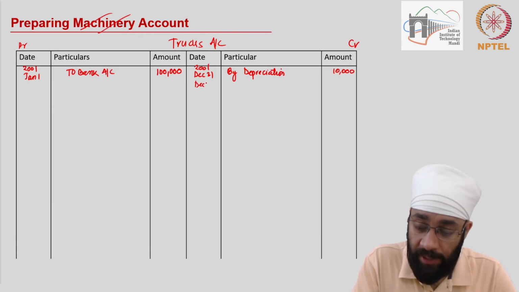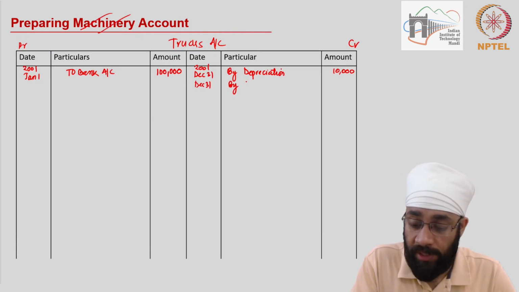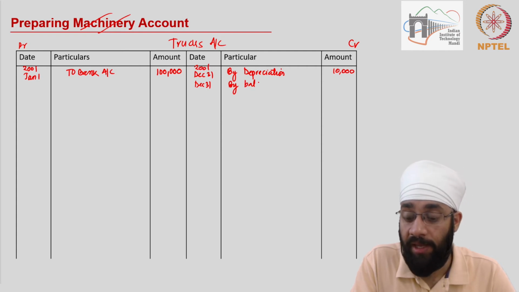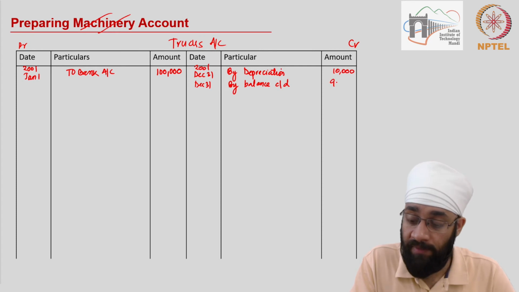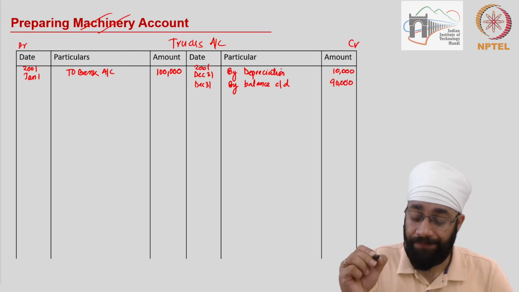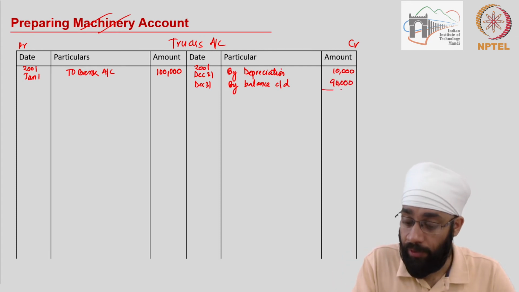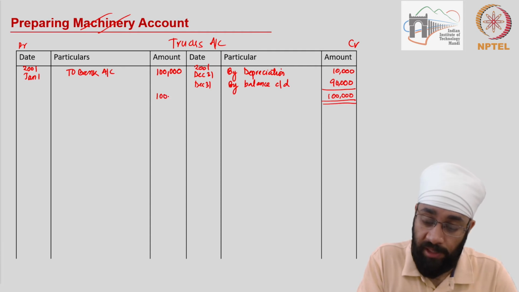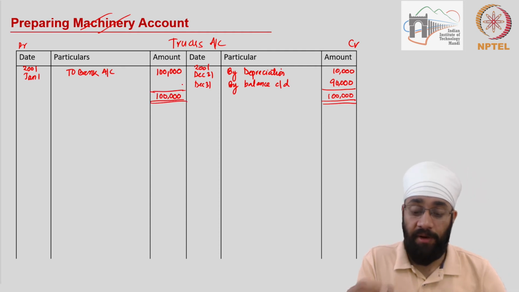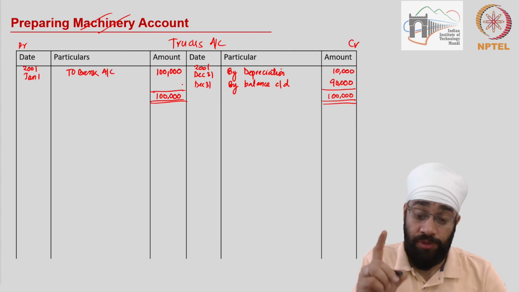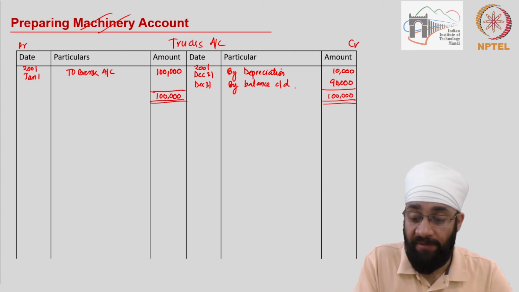On the same day, I'm going to close this account for this year and write by balance carried down, and the value is 90,000. I'm going to total this year, so 100,000, and close it in the conventional way. There you go. So now we have prepared the trucks account for the first year, which is 2001, and we have a balance in the trucks account which is 90,000.